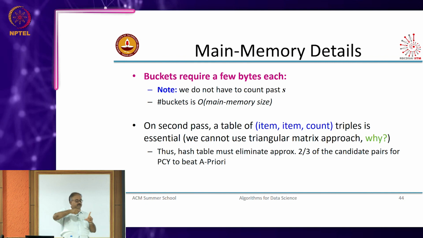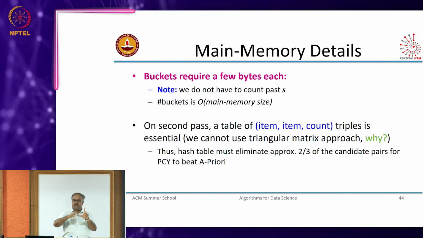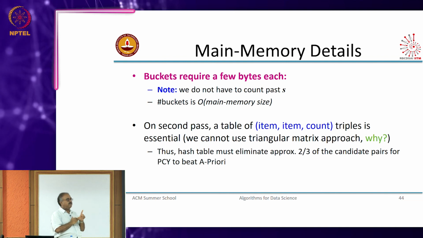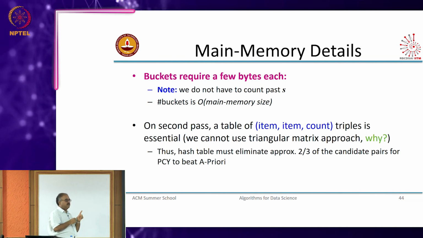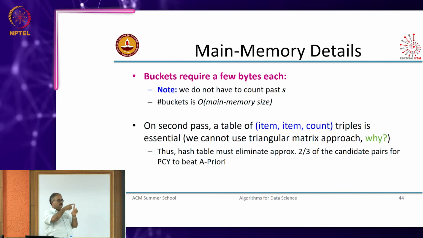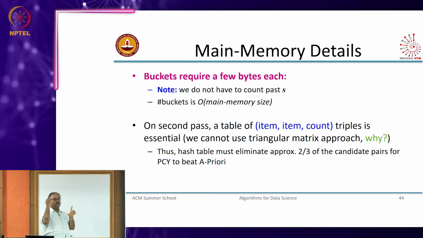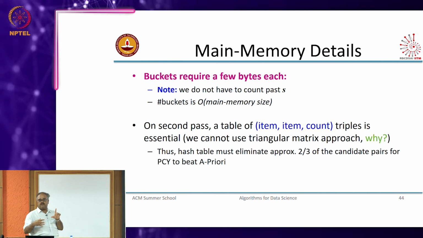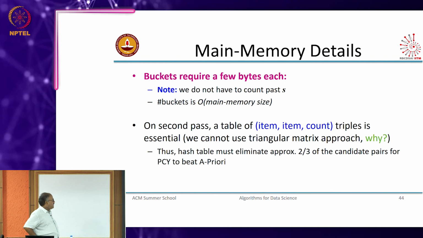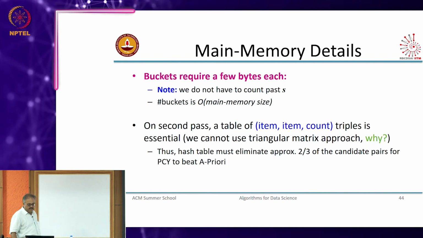But now you have done a further filtering to throw away a lot of candidate pairs. If they don't hash to a frequent bucket, you throw them away, right? So even if I use a matrix representation, a lot of those entries will never be used, but I will still be allocating memory for them.